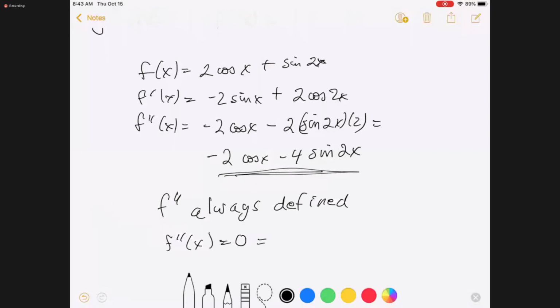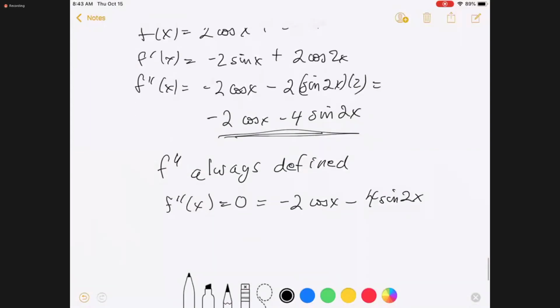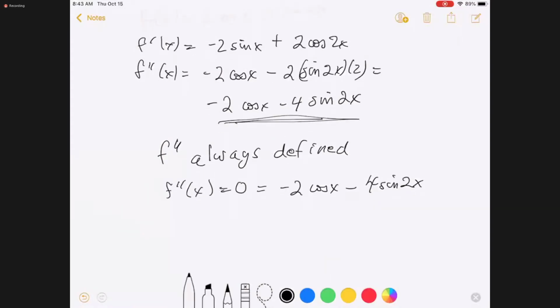Okay, so again, I need to write this as a product. Don't leave it as it is. It's going to be hard to find all the places where it's equal to 0. You may get some, but you may miss some too. And if you miss some of these things, you miss important places.